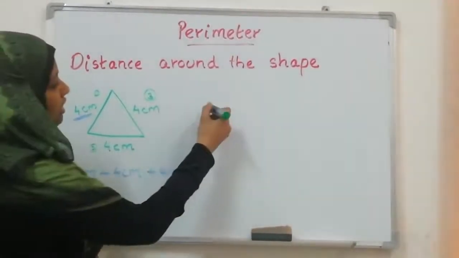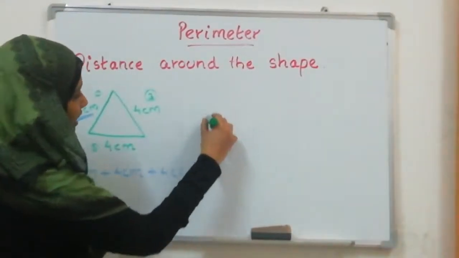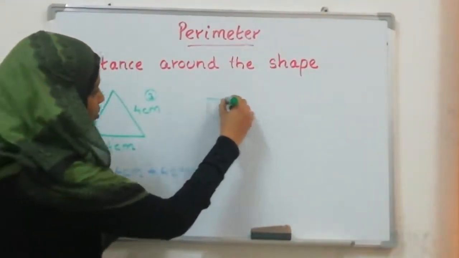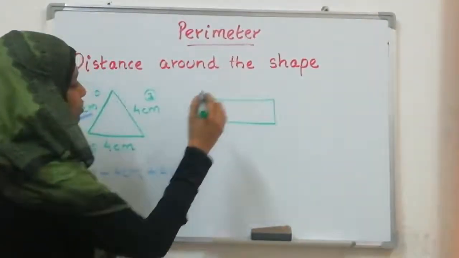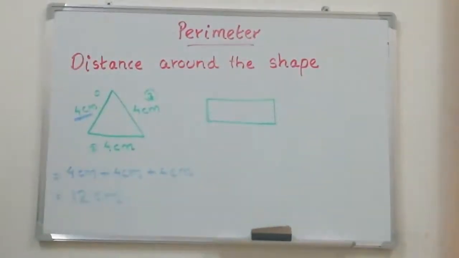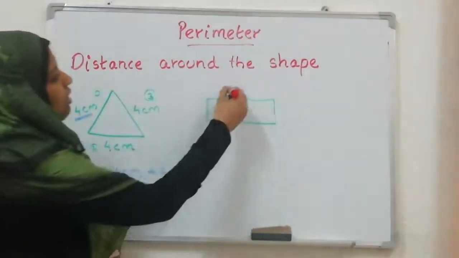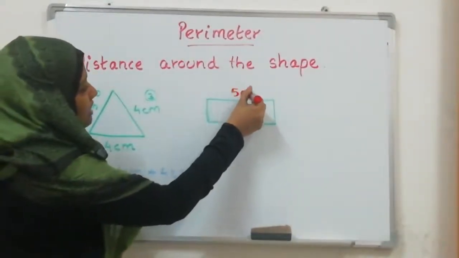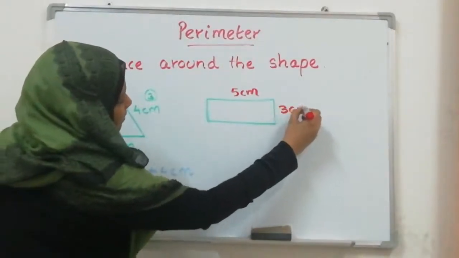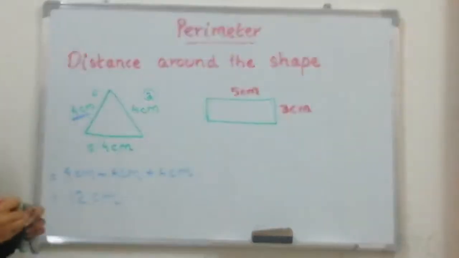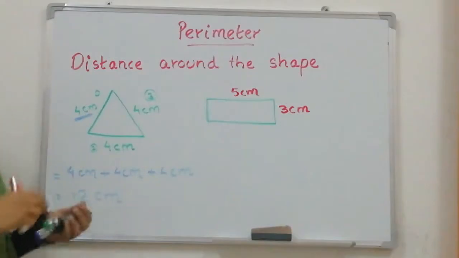What about a rectangle? You have another shape, which is a rectangle, and the sides given are 5 centimeter and 3 centimeter. So how do I find the perimeter of this rectangle?